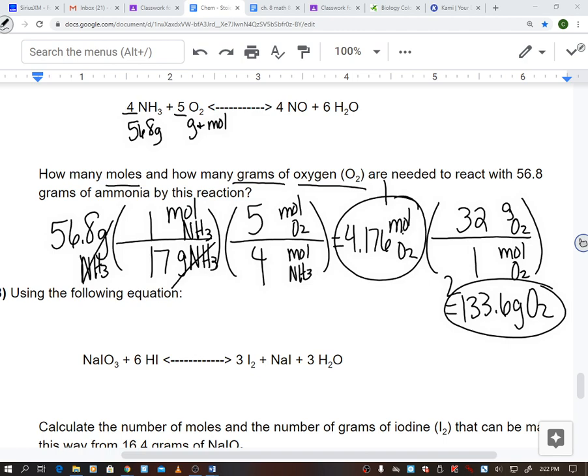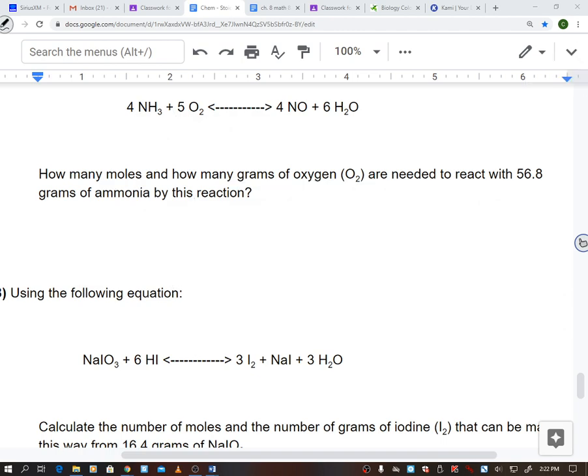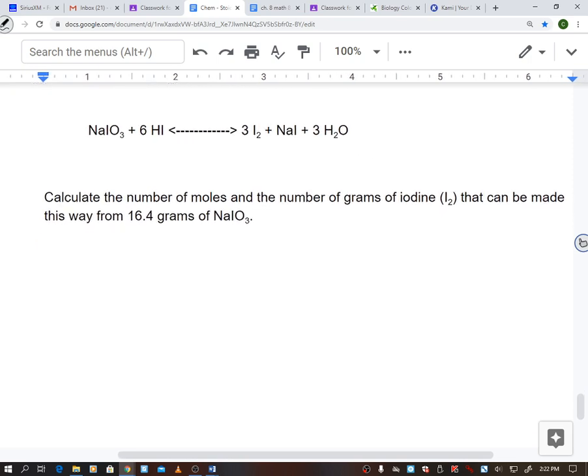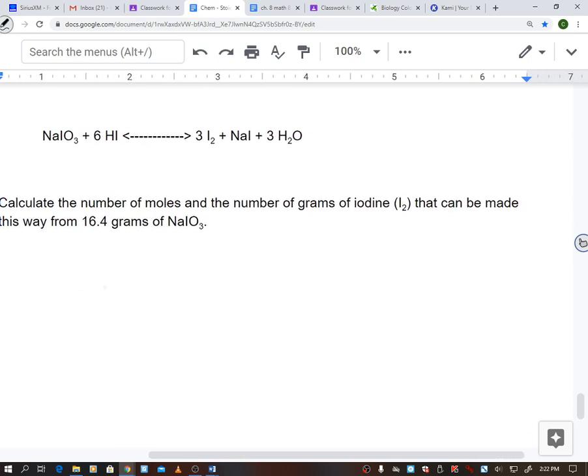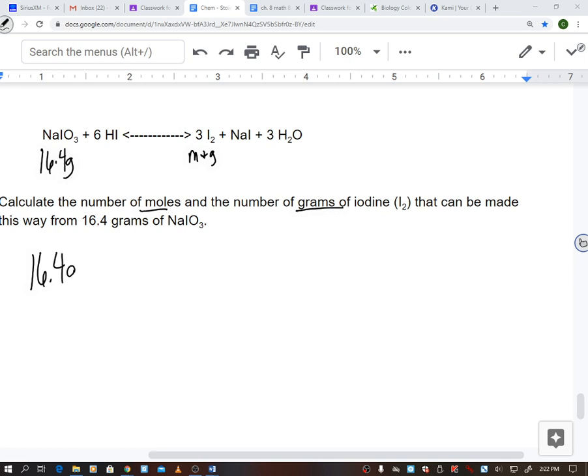All right, and now for the last one. It is the same type of thing. They are giving us 16.4 grams of NaIO3. Now they want the number of moles and grams of iodine. So I'm going to take that 16.4. I need to figure out how much that all weighs. Sodium, iodine, 3 oxygen.